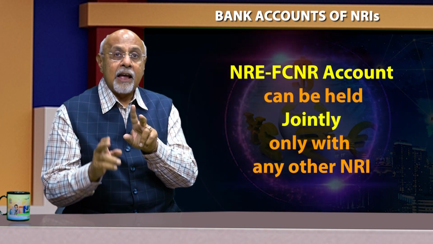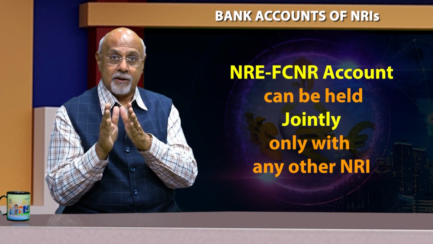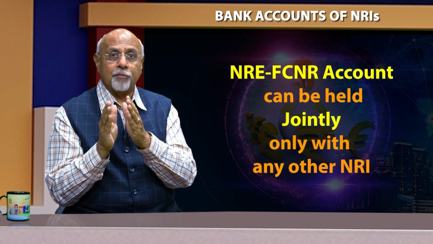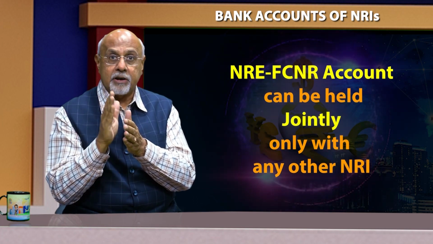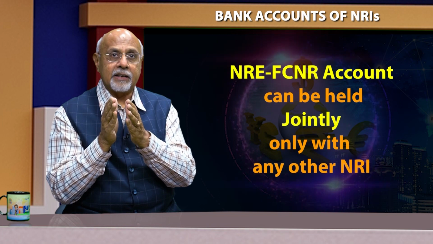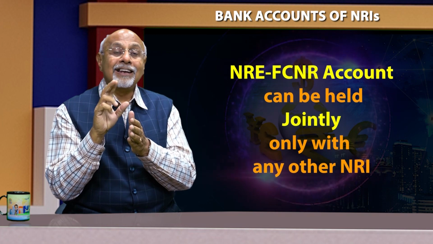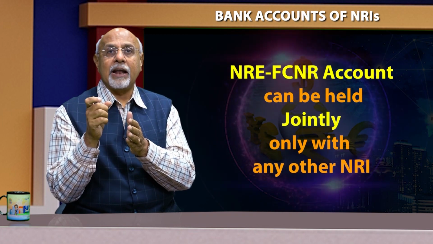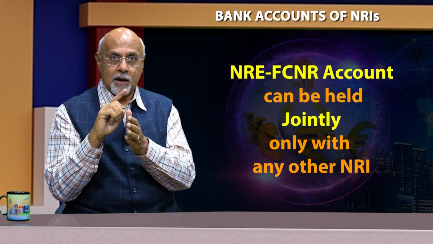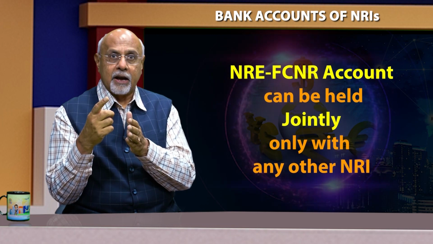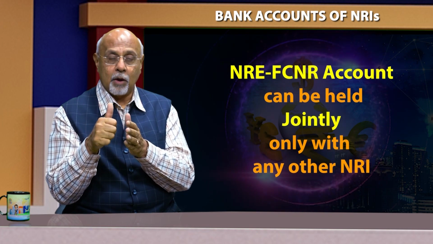As far as NRE or FCNR deposits are concerned, along with the name of the first holder who is an NRI, if you want to have a joint name, which you can, either in the account or in the deposit, you would need to ensure that the joint holder is also an NRI. That is to say, you cannot have a resident person as a joint holder in an NRE or FCNR account or deposit. That's number one.